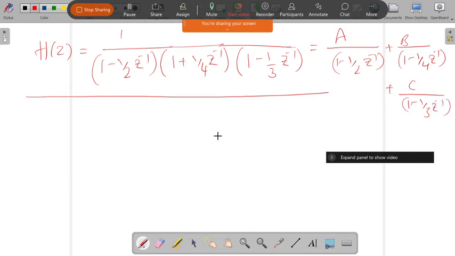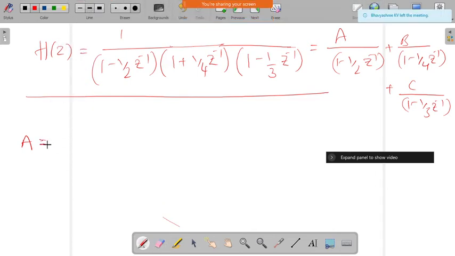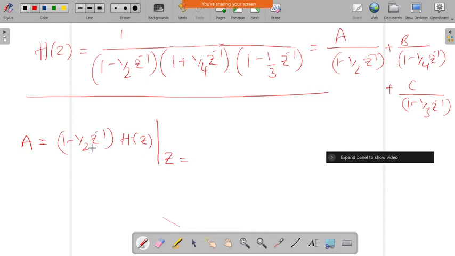Now if the 3 coefficients are like this, we are able to find out the value of a by doing like this: 1 minus 1 by 2 z inverse, whatever the denominator of the coefficient a, into h of z, the complete transform that is given, and you have to substitute at z equal to the inverse of that value, that is z equal to plus half.